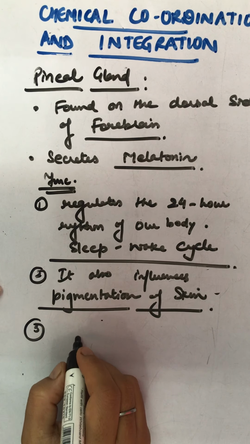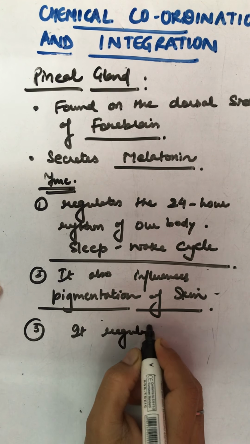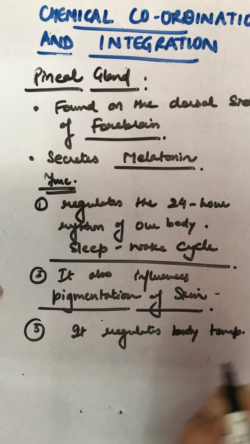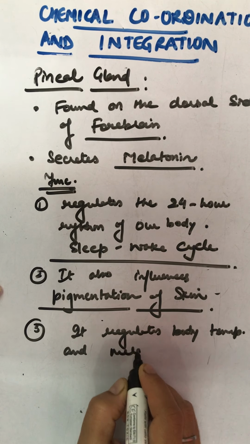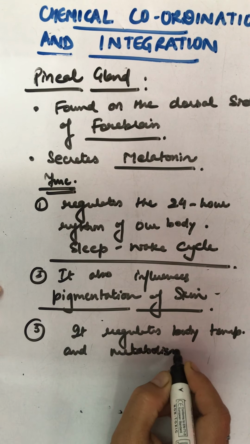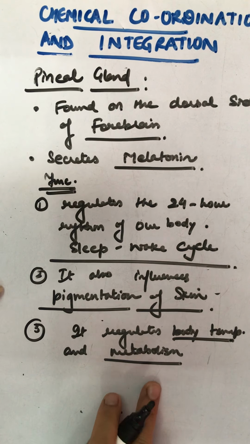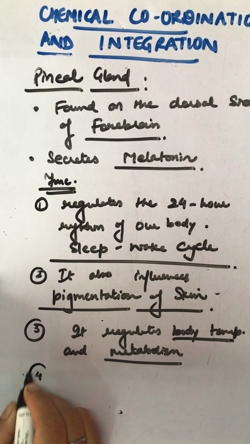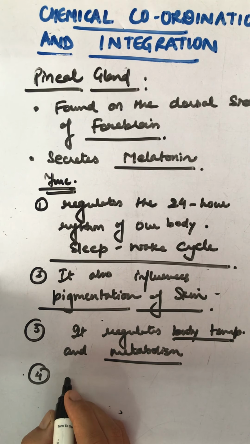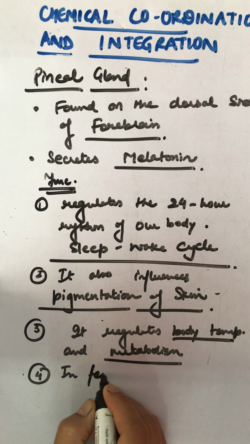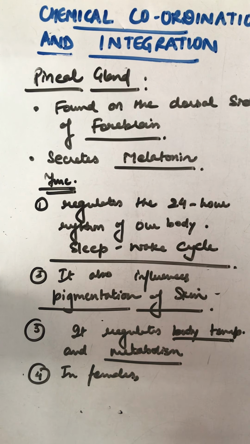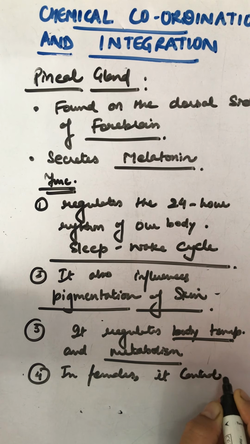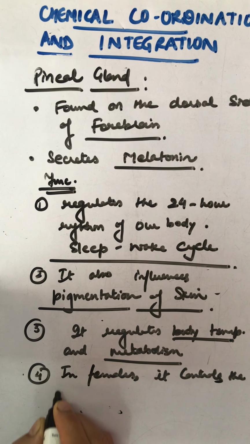Number 3, it regulates body temperature and metabolism. क्या कर रहा है? बॉडी टेम्परेचर एंड मेटाबॉलिज्म को इन्फ्लुएंस कर रहा है, उसको रेगुलेट कर रहा है. एंड नंबर 4, in females it regulates, or we can say it controls the menstrual cycle.